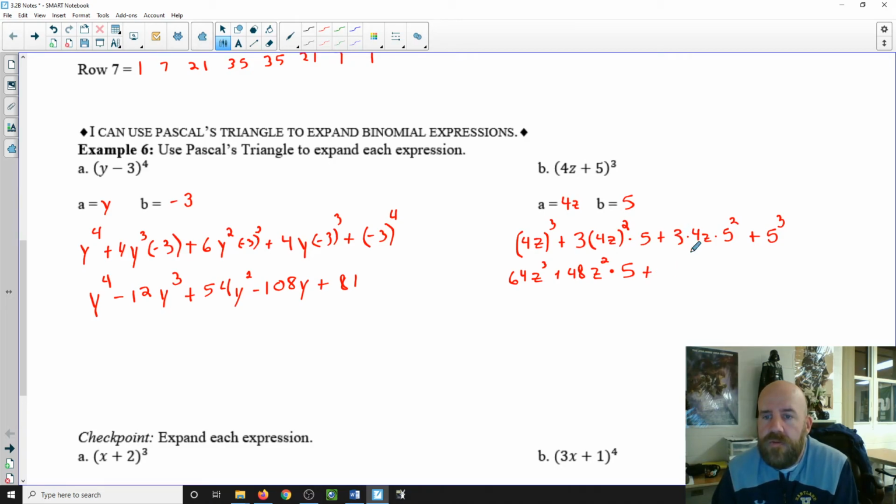So 3 times 4 is 12 times 25, so we get 12 times 25 out front. We'll have to clean that up later. And then 5 cubed is 125. So just to conserve time on the video, you're gonna do 4 times 5, clean that up, and then 12 times 25, and that would be your coefficients.